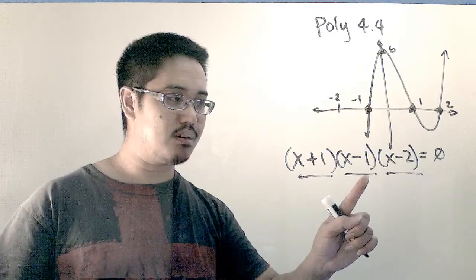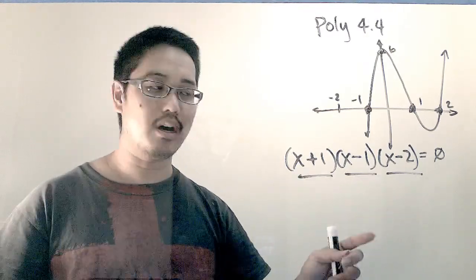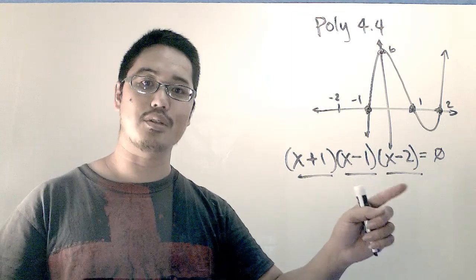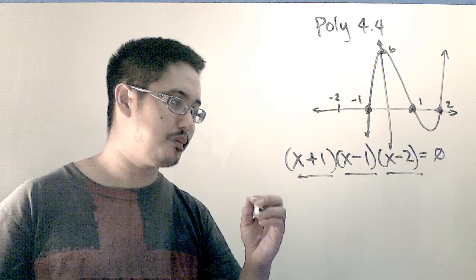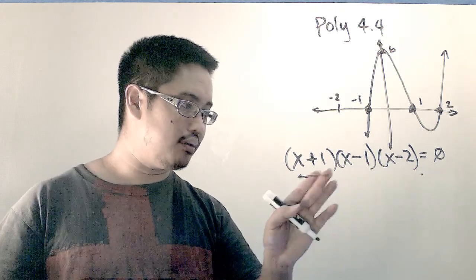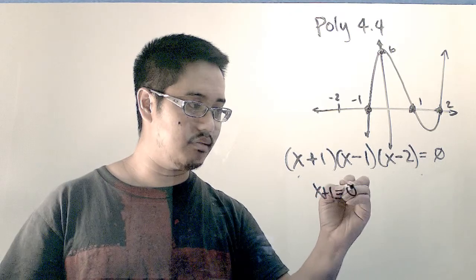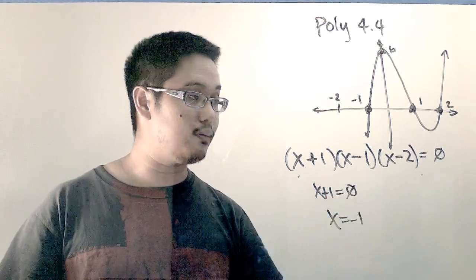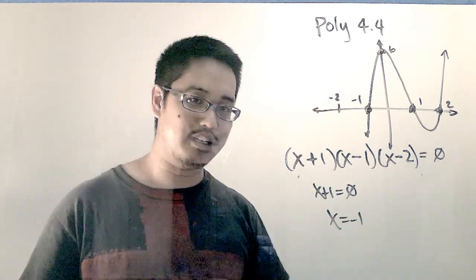If the middle term is 0, it doesn't matter what the first and the last terms are, because those are 0 as well. And similarly, if the last term were 0, it would be 0 as well. So what I would do is set each of these equal to 0, and so you have x plus 1 equals 0, and you end up getting x equals -1, which corresponds to that -1 right there. That's why I changed the sign in here.